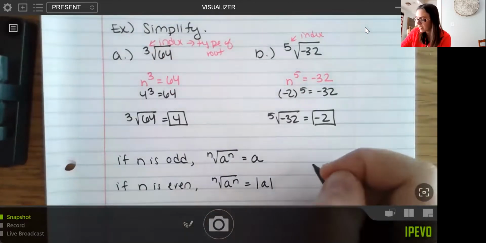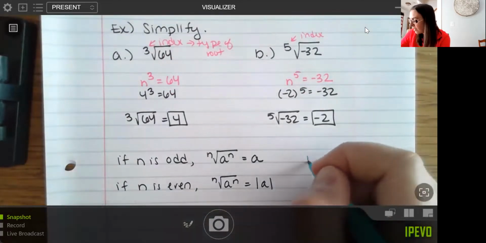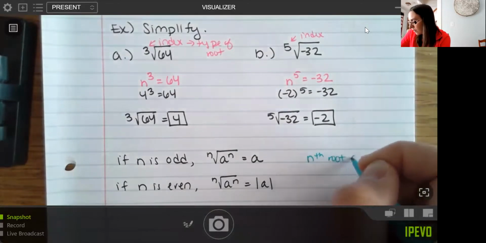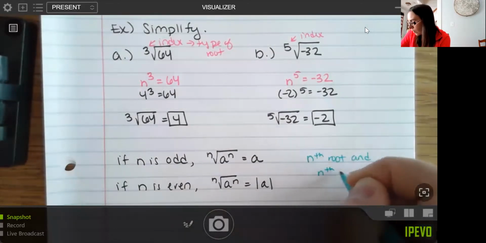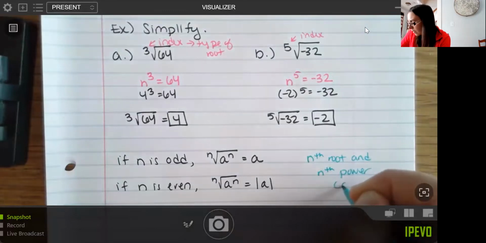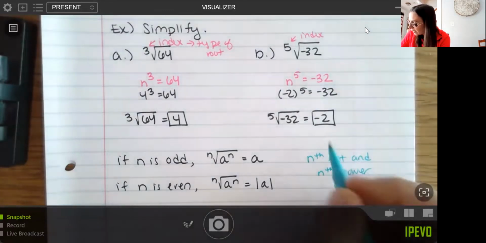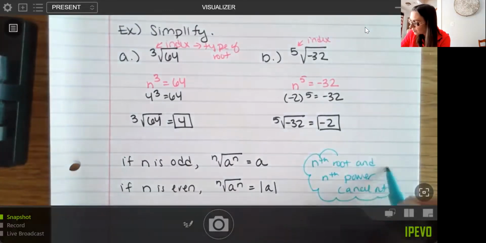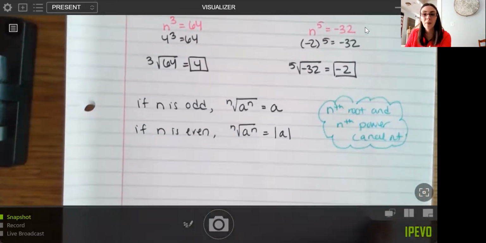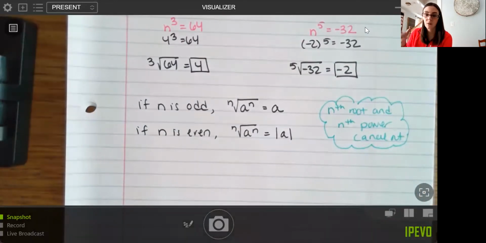Okay, so the takeaway here is that an nth root and nth power cancel out, and then you just have to be careful. Sometimes we take the absolute value, sometimes we don't. But remember, you can always use order of operations. If you simplify inside first, then you should still get the right answer.